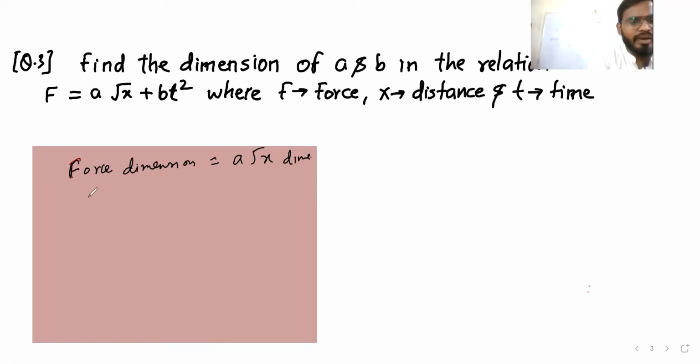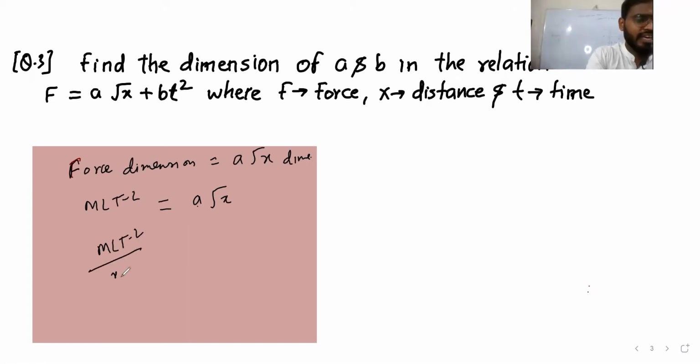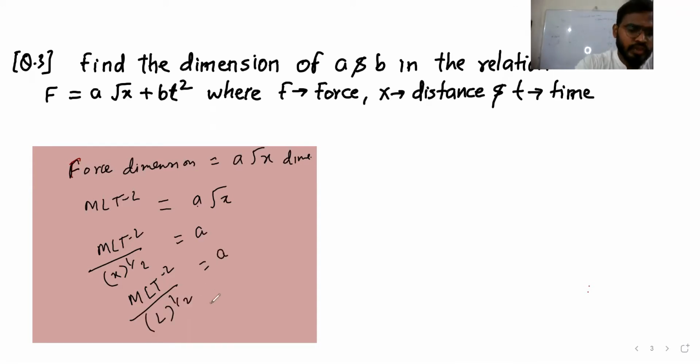Force is, we know, M L T minus 2. M L T minus 2 is equal to A root x. x is your distance. So we want to find A. So we can say M L T minus 2 by root x, x to the power 1 by 2, is equal to A. So M L T to the power minus 2 by x, distance, L to the power 1 by 2, is equal to A. So L will go up minus 1, right?